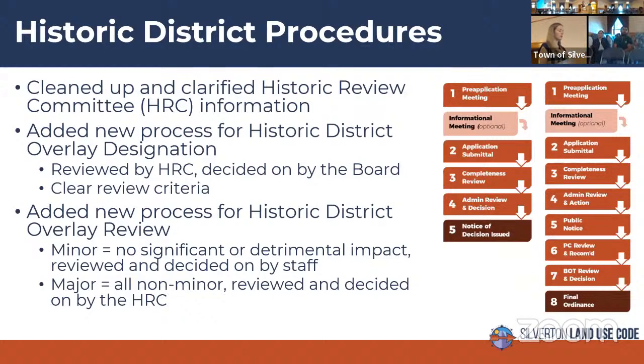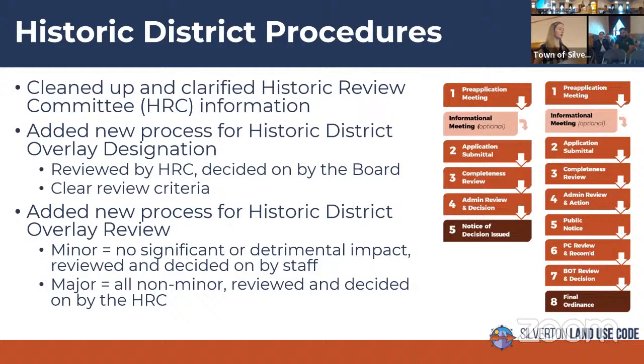Okay, and then along with the standards applied to the historic district, there are special procedures for development occurring in the historic district. So we've clarified the role of the Historic Review Committee. And then we've added a couple new processes. The first one is a formal process for historic district overlay designation. And that would be a process that first goes to the HRC, but then is ultimately decided on by the board.